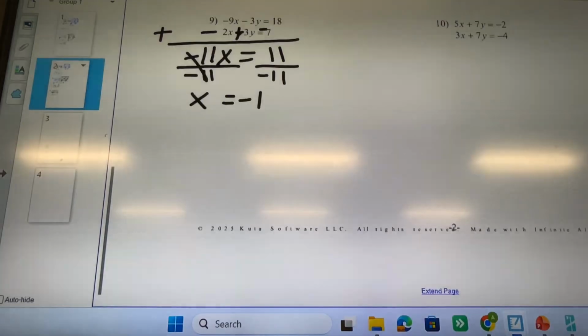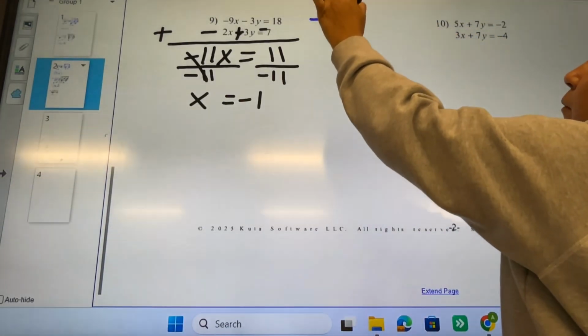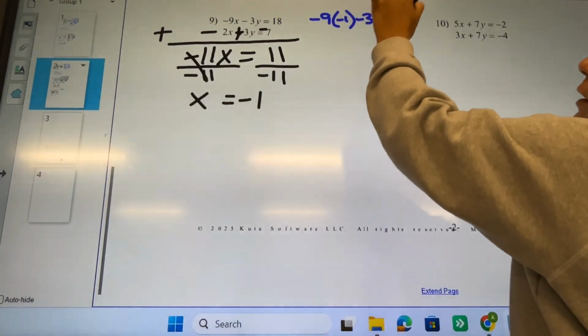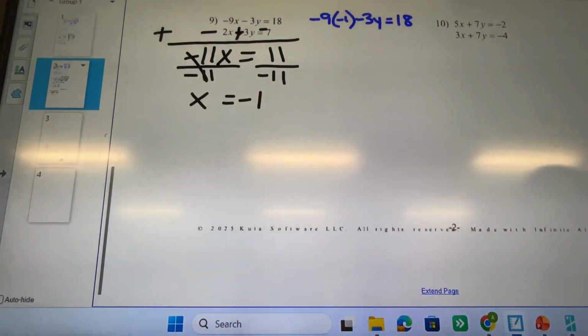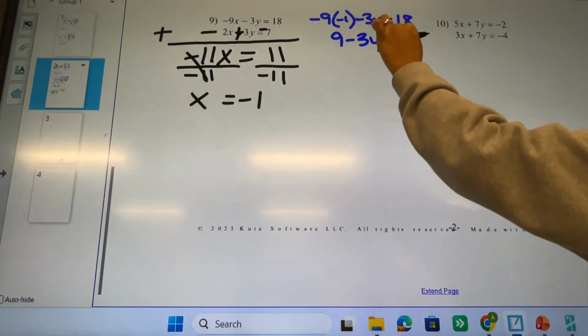Okay, and then we're going to plug that back into the top one. So we've got -9 parentheses -1 minus 3y equals 18. -9 times -1 gives me 9 minus 3y equals 18.